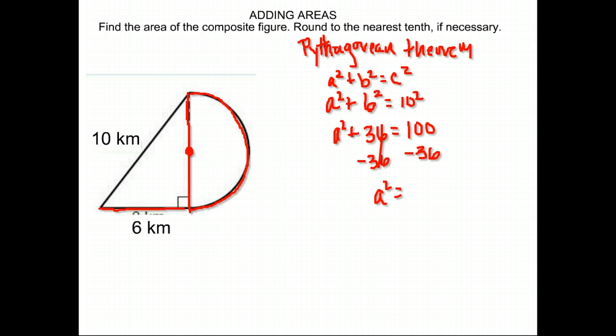Subtract 36 from both sides. I get 64, and then finally, to get rid of the square, you take the square root. Okay. So I get that my A, this side here, is a length of 8, and now I can do the rest of the problem.